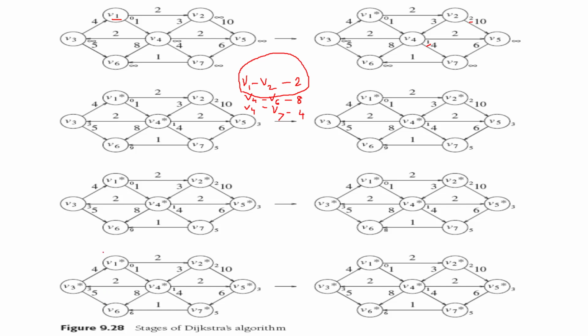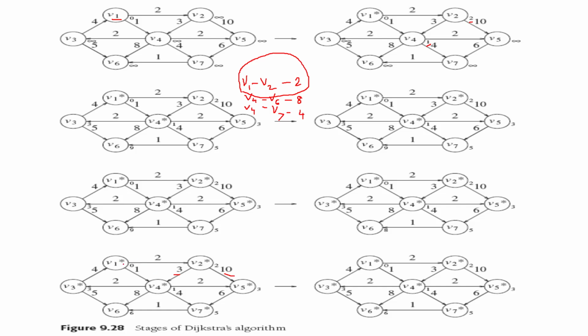In this case we can see that from v1 we can go to v4, and then from v4 we can go to v3. So we can reach v3 in 3 units. The next possible edge goes from v2 to v4, which is 3 units, and v2 to v5 is 10 units.